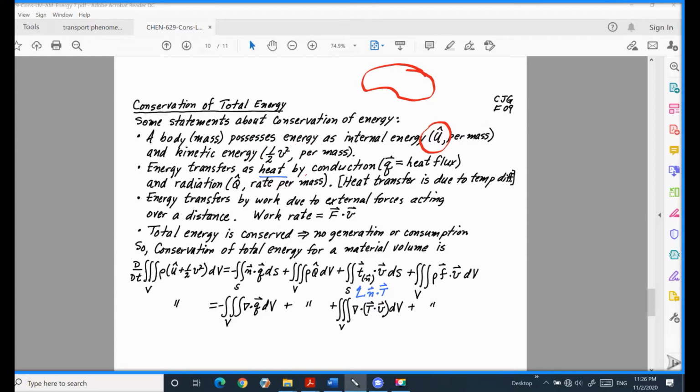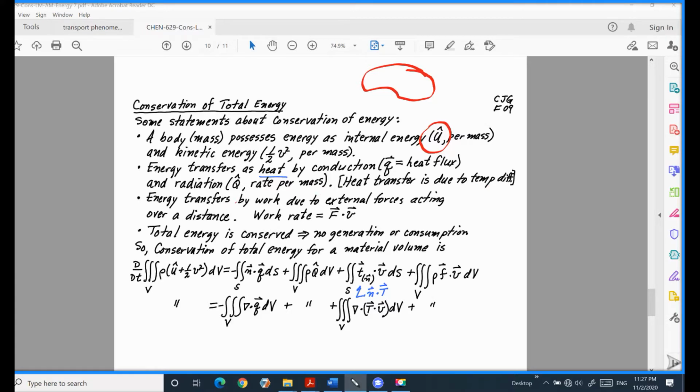Also, another term we define like in chapter 9 in BSL is the heat flux due to the molecular transport of energy, and another one is the radiation term. These are rates per mass. Heat transfer is due to the temperature difference.